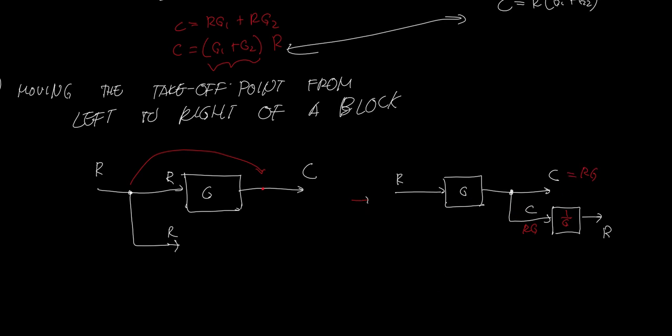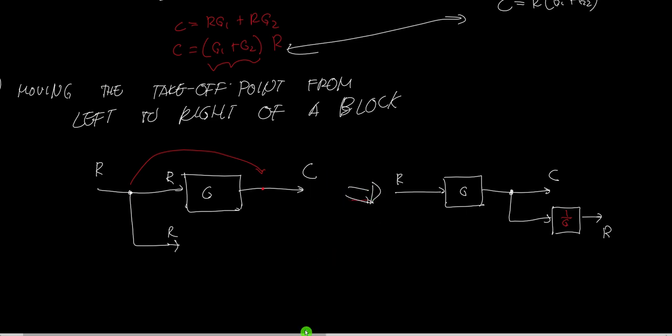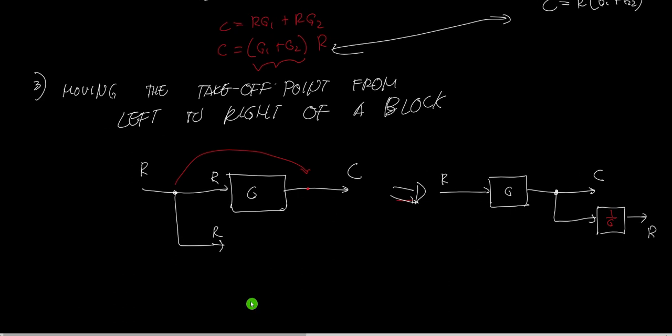So you just put a transfer function of 1 over G here, and therefore these two will be exactly the same. That's how we move a takeoff point from left to right.